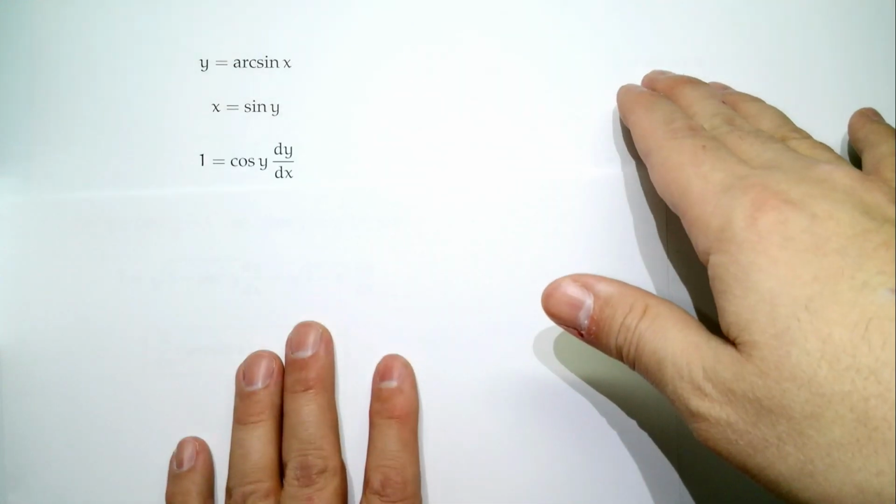Take the derivative of both sides. Do you remember what the derivative of sine is? Cosine. So we get 1 equals cosine of y. Now, if you think back to arctangent, we had secant, and I wanted to replace secant by tangent. Is there something that we can do to make cosine become something in terms of sine?